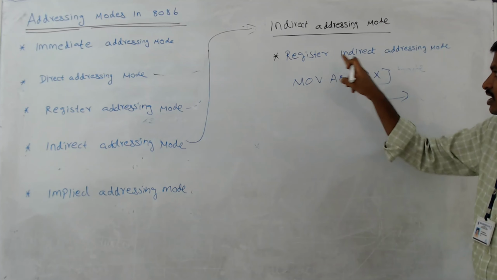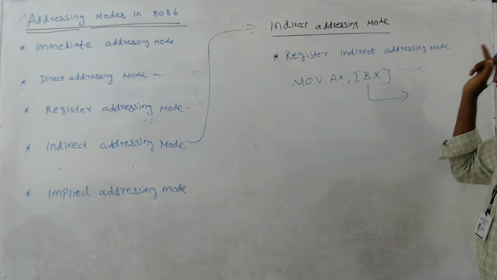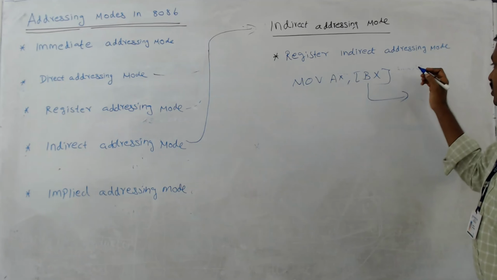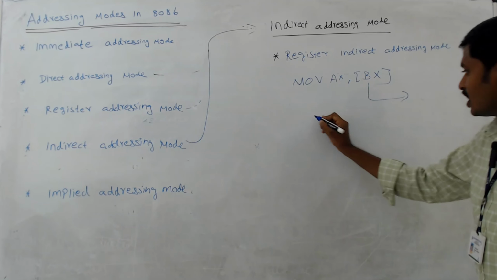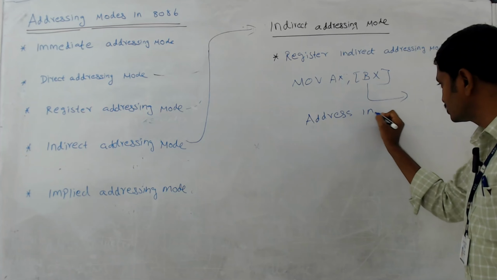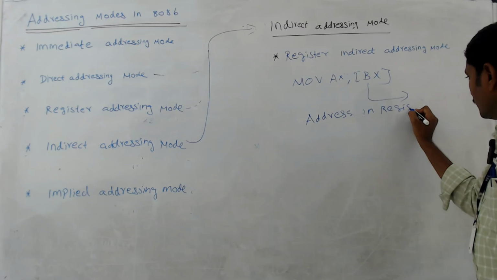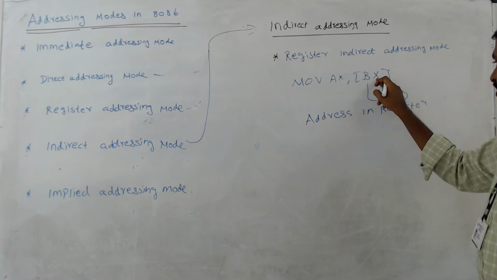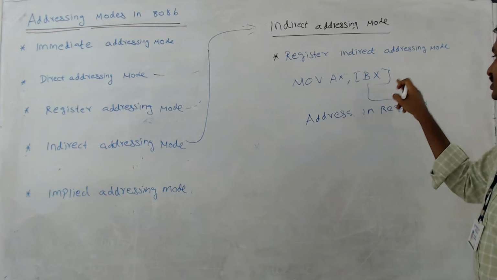That is called the register indirect addressing mode. So we can say address in register. The BX register has some address, that points to a certain value, and that moves to the AX register.